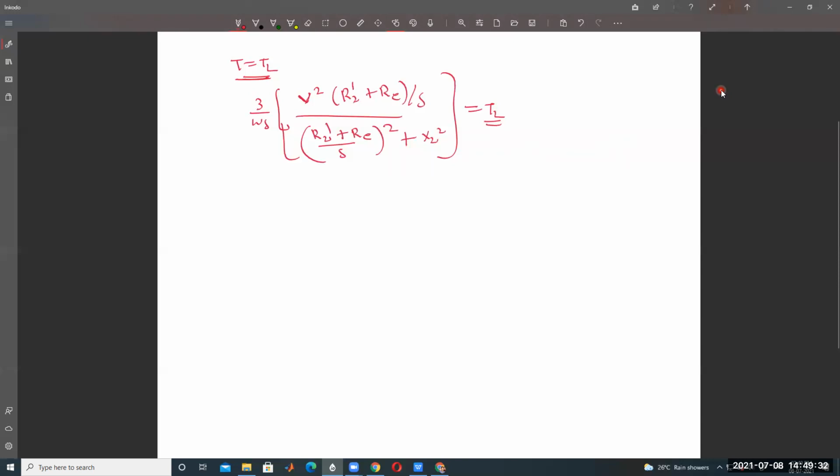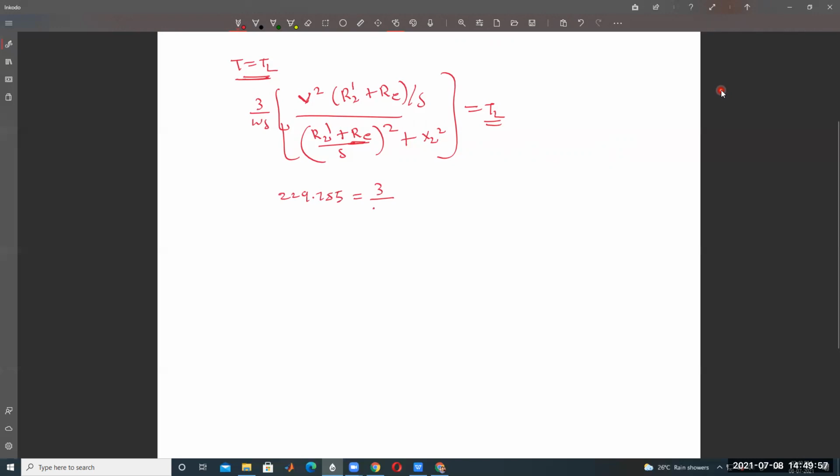So an external resistance is inserted into the rotor circuit of this three-phase slip ring induction motor. How much is your load torque? 229.755 is equal to 3 divided by omega_s.